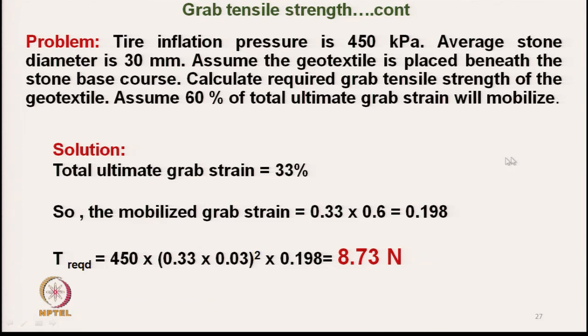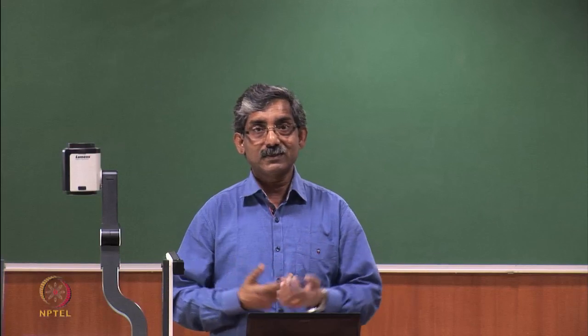Now, the total ultimate grab strain is 33%, because we have already seen that we are not considering any slippage.